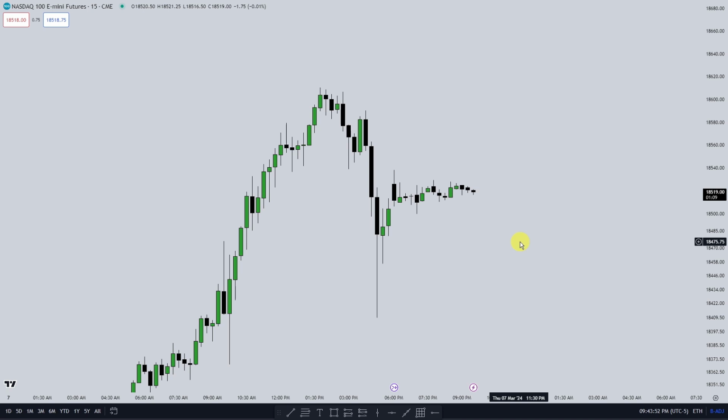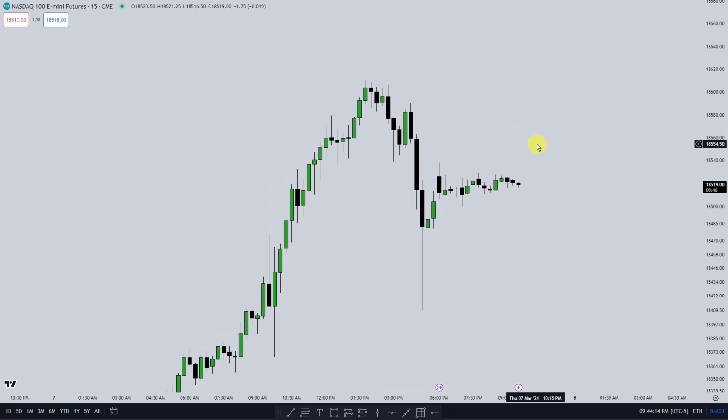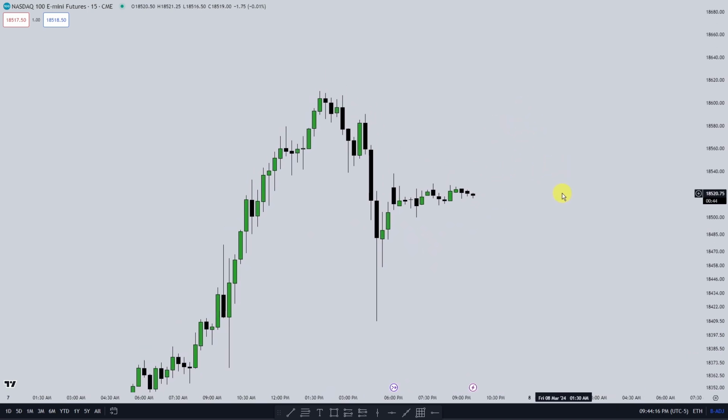I will also go over live examples of the difference between a liquidity sweep and a market structure shift. So we're going to start off with a market structure shift or break of structure, whatever you guys want to call it. It's completely up to you. So we're on the NASDAQ right here, NASDAQ futures.